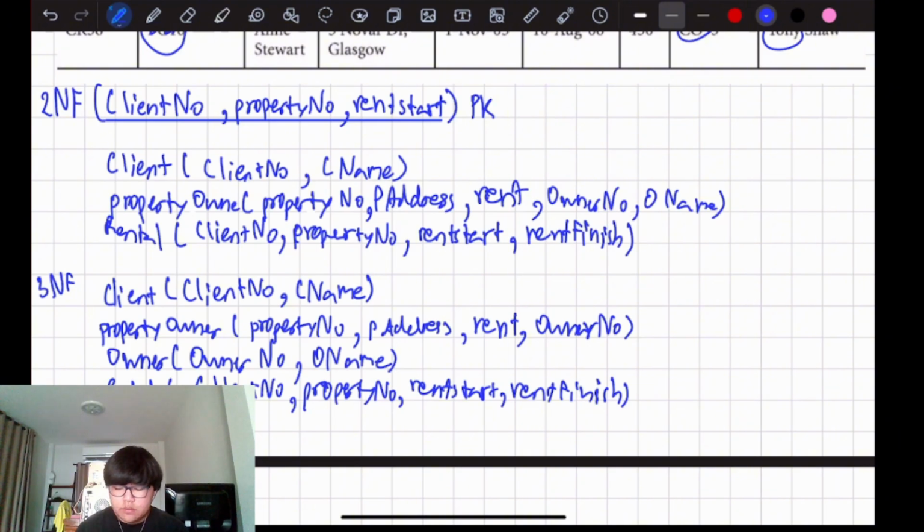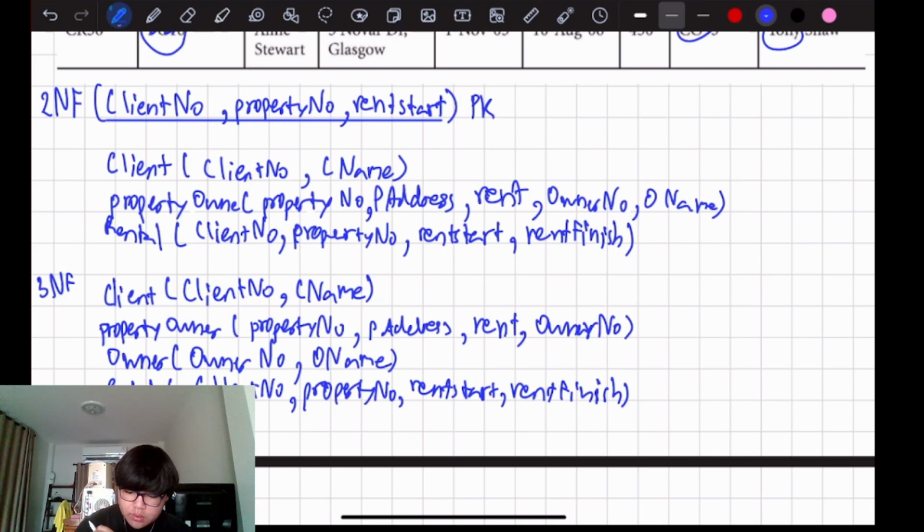And next is to find the foreign key. Here in these two tables, it doesn't have a foreign key. If you have a look at the second normal form, it has the client table. In the client table, we have client number, cname, and in the rental table, we have client number too.